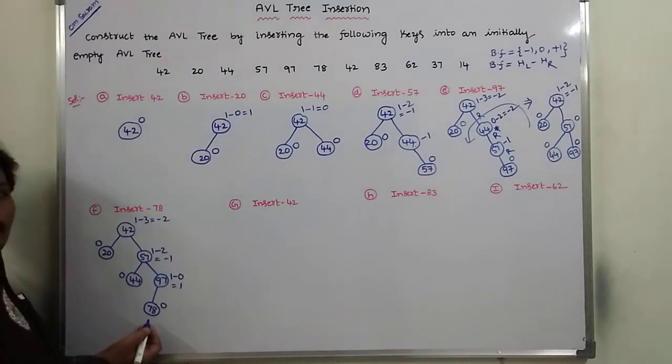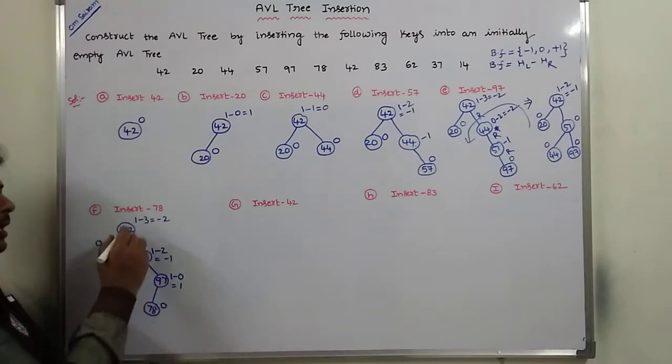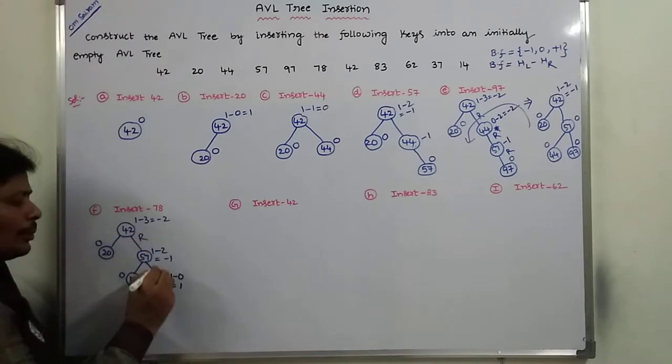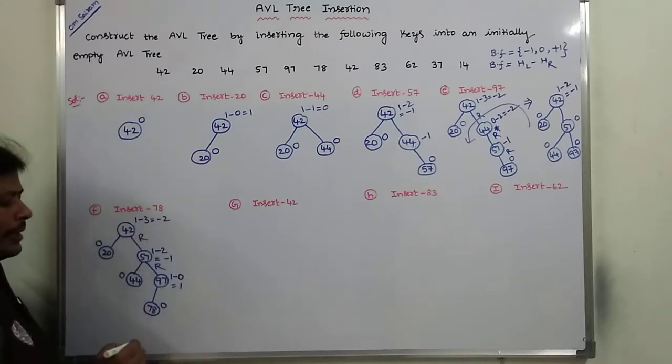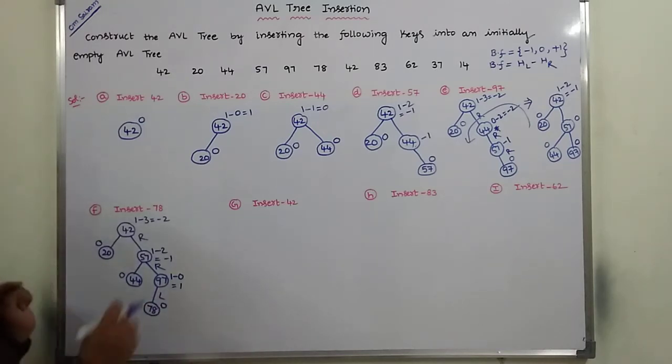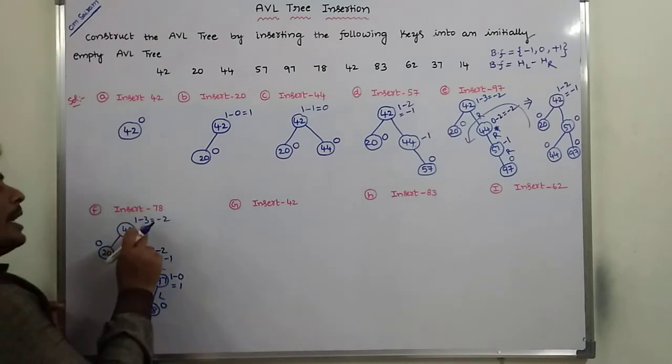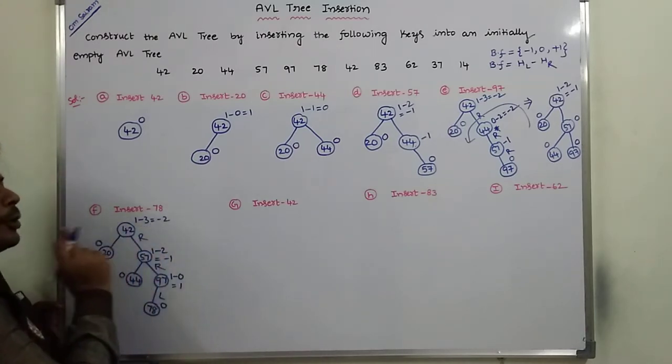So our last element is inserted at which place? This place. So here we are getting right side of 42, here right side of 42, here left side of 42. Now we are taking only this R or this R, because we are getting imbalance at node 42.